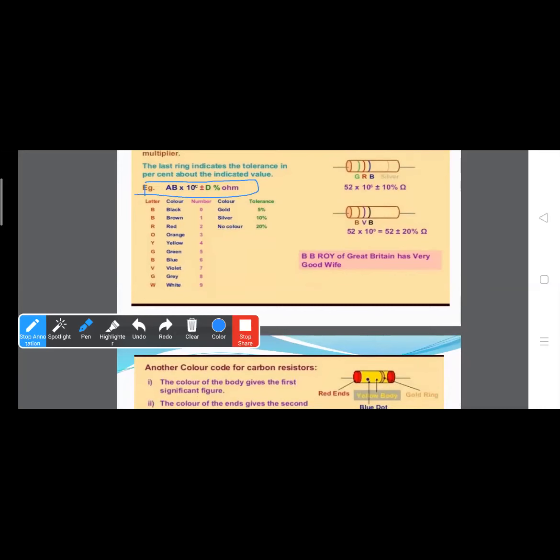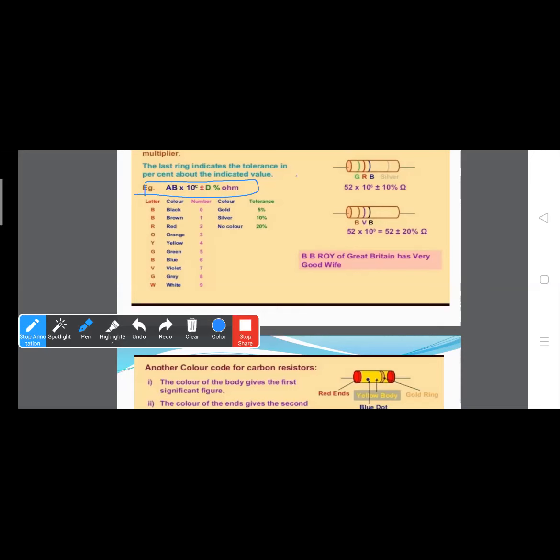So now in this table we see the letters: B black, B brown, R red, O orange, Y yellow, G green, B blue, V violet, G gray, W white, and second is the numbers 0, 1 to 9. And third, tolerance. Tolerance for gold is 5%, for silver is 10%, and for no color is 20%.